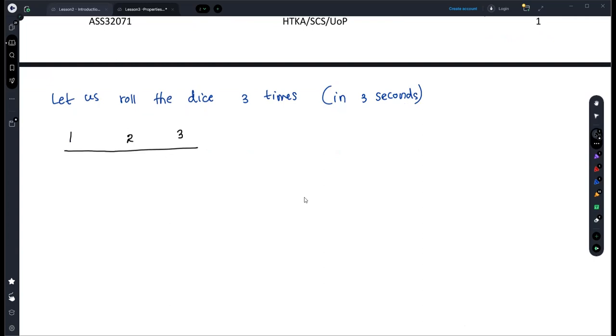You can have all even: first even, second even, third roll also even. That is when you get x3 equals 3, right? Then suppose first even, second even, this one is odd. Even, odd, even, odd, odd.